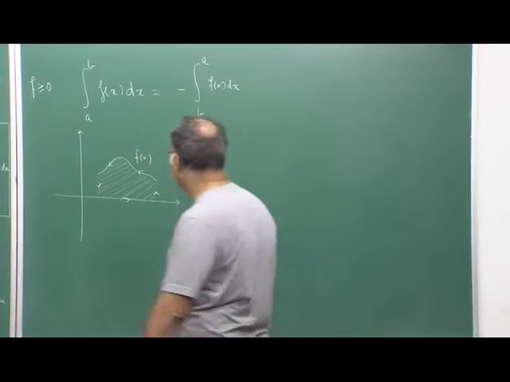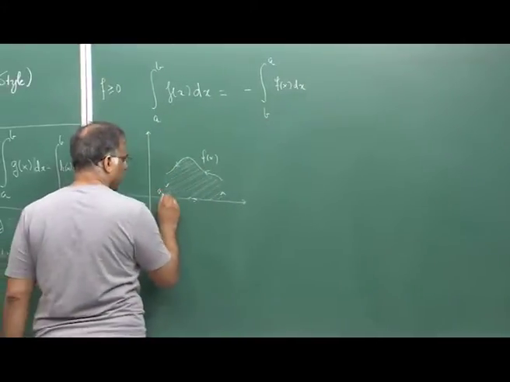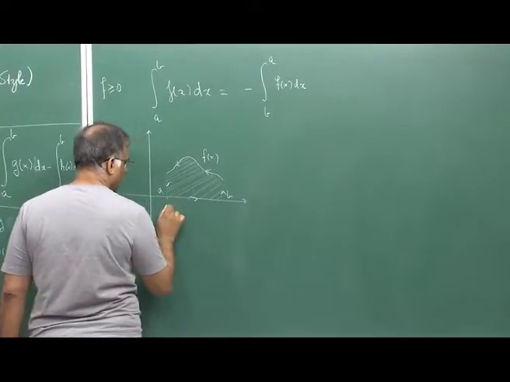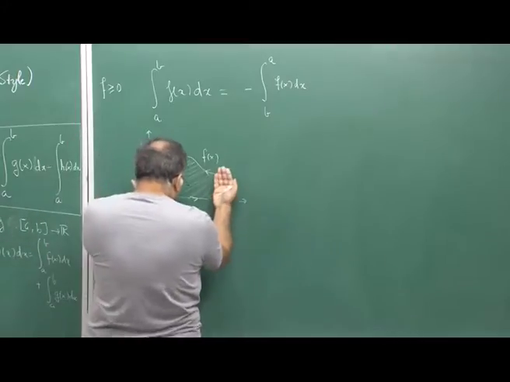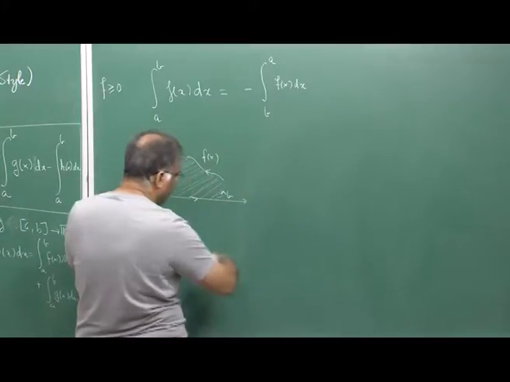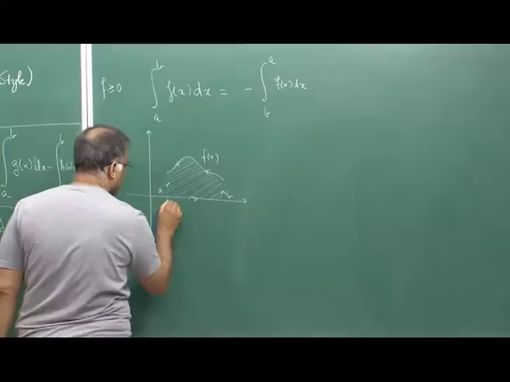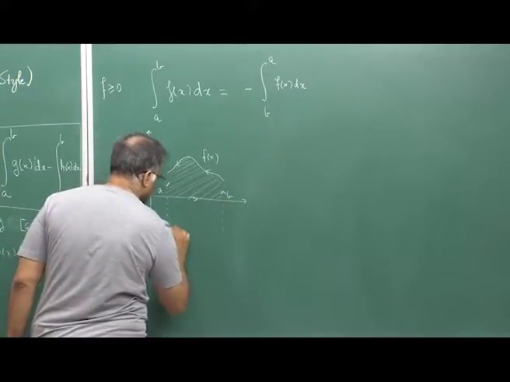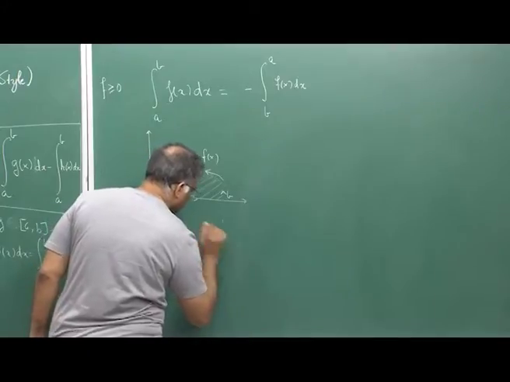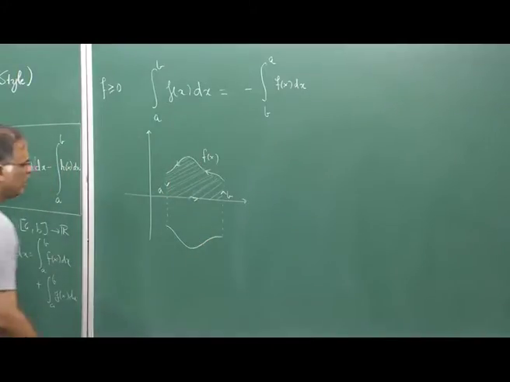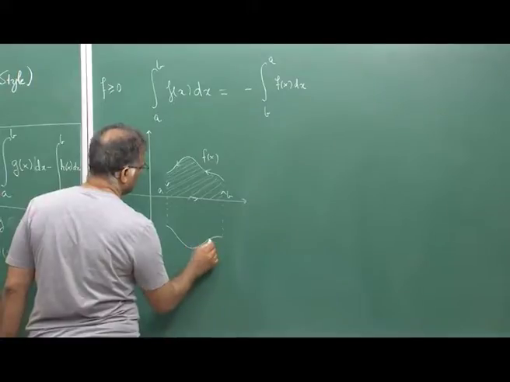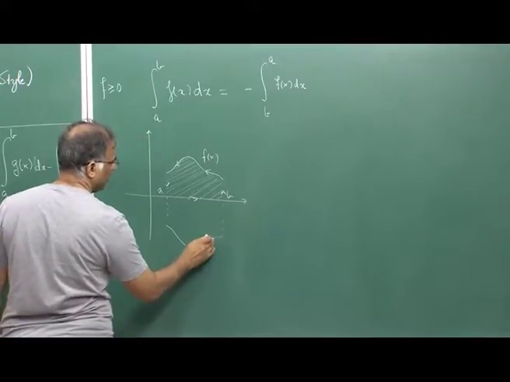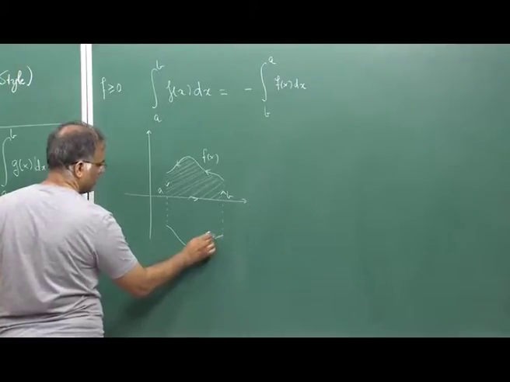Now, this is my A and B, so start from A and go to B. Now, just reflect the graph of this function on the x-axis. So what will you get? This is nothing but minus f. Maybe the graph should look a bit like this, whatever.